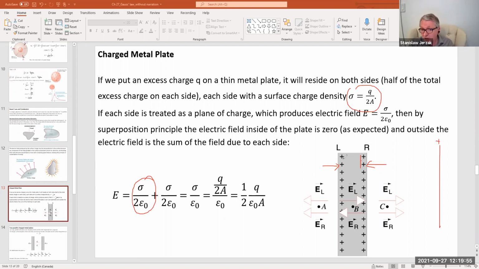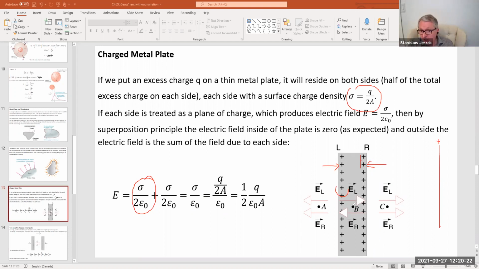So you see, I have two sheets of positive charge, which means that at point A, each sheet would produce its own electric field. I'm using the superposition principle. This sheet would produce an electric field in this direction at point A, away from the positive charge. This positive sheet at point A would also produce an electric field in the same direction, away from that sheet. Remember, positive charge produces electric field away from itself.